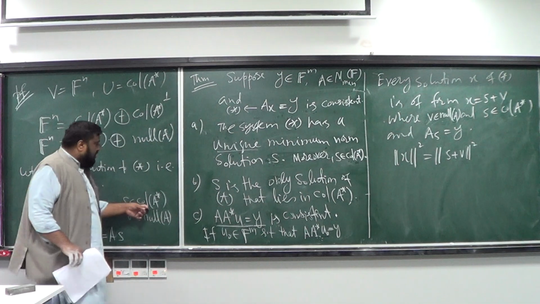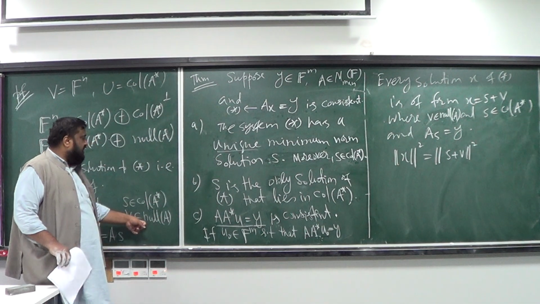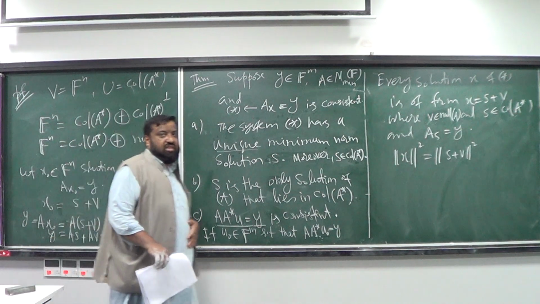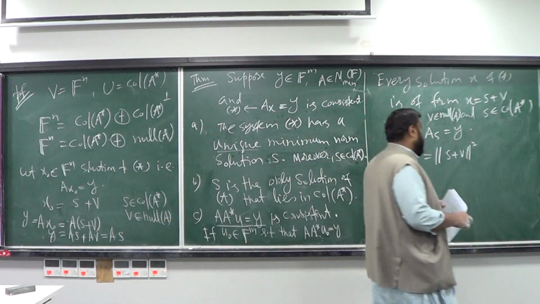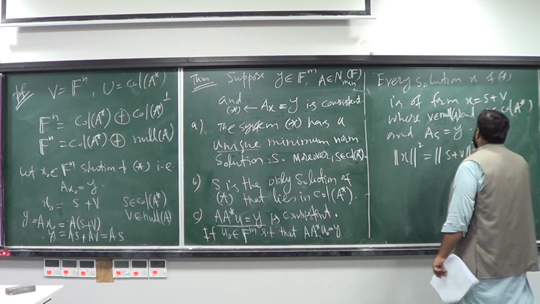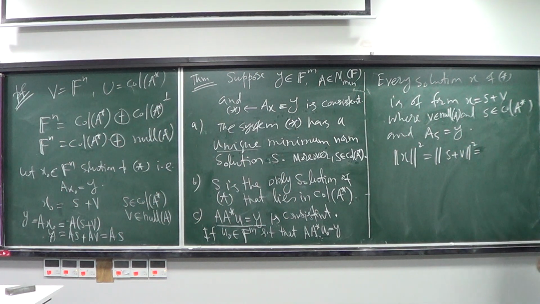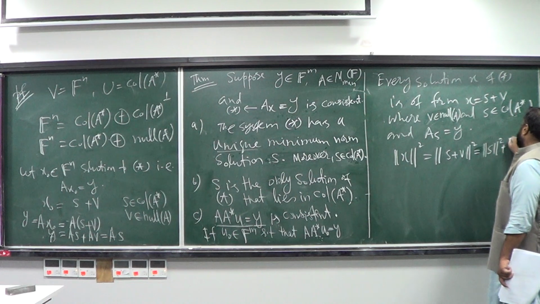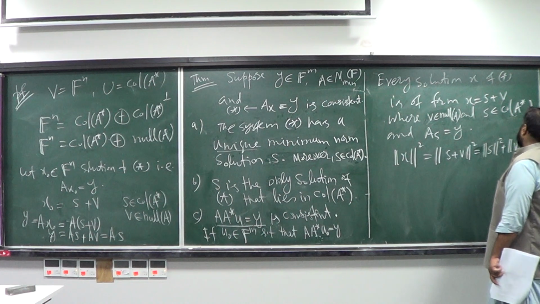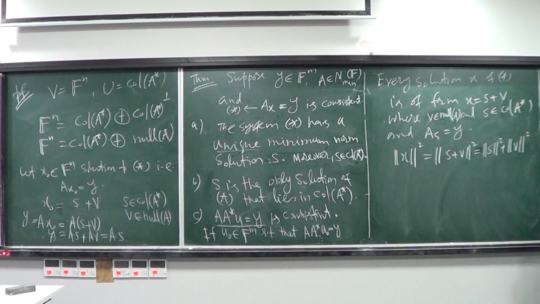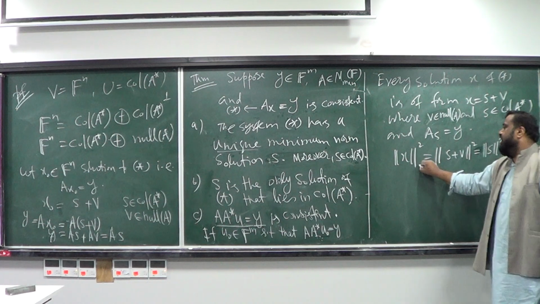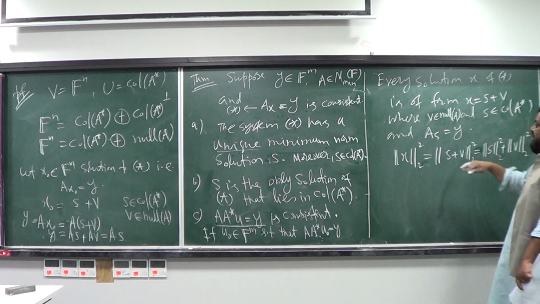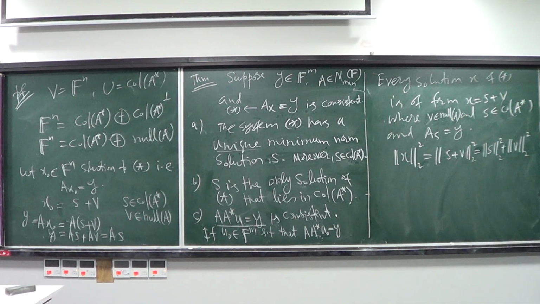That s is from the column space of A star and v is from the null space of A, so they must be orthogonal to each other. So if s and v are orthogonal, then by the Pythagorean theorem this is equal to the norm of s squared plus the norm of v squared. By the way, this norm is really the 2 norm, because you are talking about F n space.